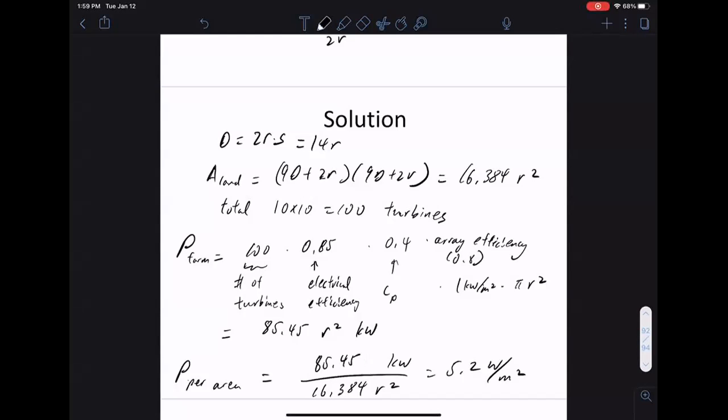I have kilowatts up top, but I have 16,000 down in the bottom. Oh, okay, thank you. Yeah, so for kilowatts, you multiply the top by 1,000, and you get about 5.2 divided by the bottom.